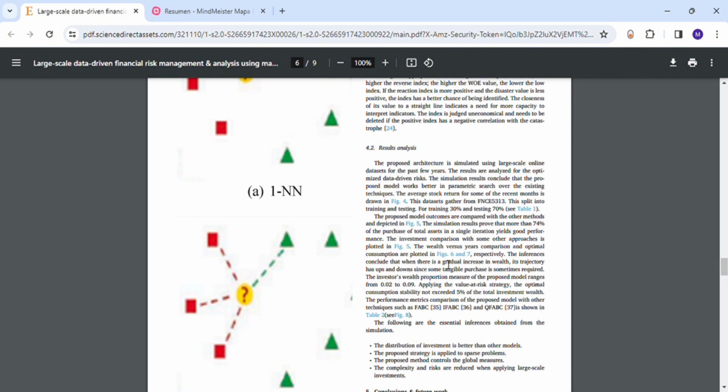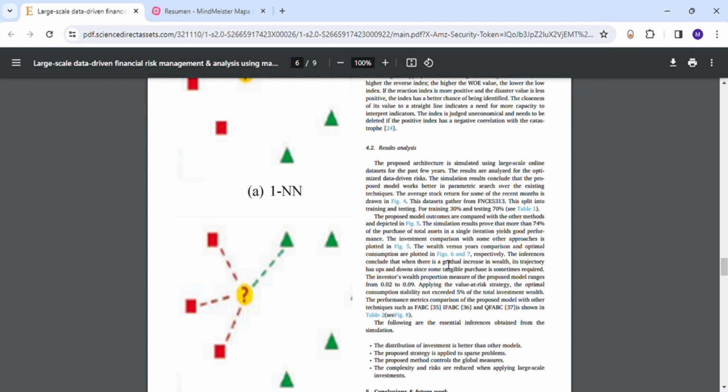These datasets were gathered from FNCE. This is split into training and testing, with 30% for training and 70% for testing. The proposed model outcomes are compared with the other methods and depicted in the simulation results.